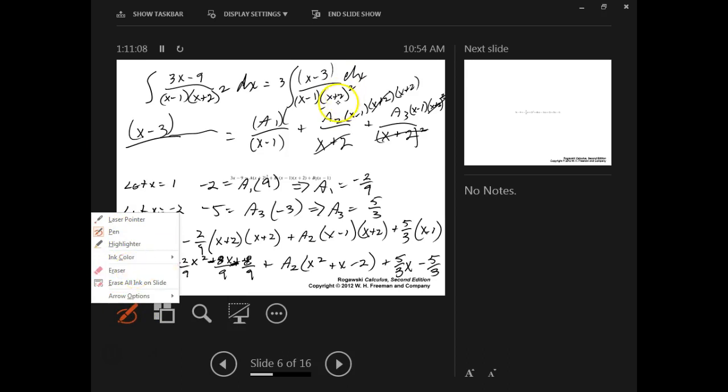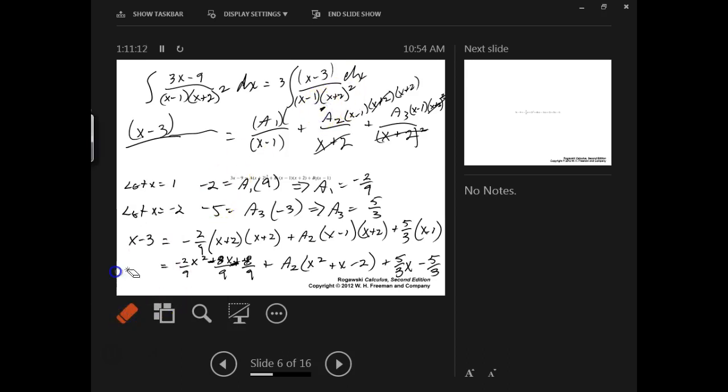This is going to be a little messy. In fact, very messy. My pen is not erasing properly.